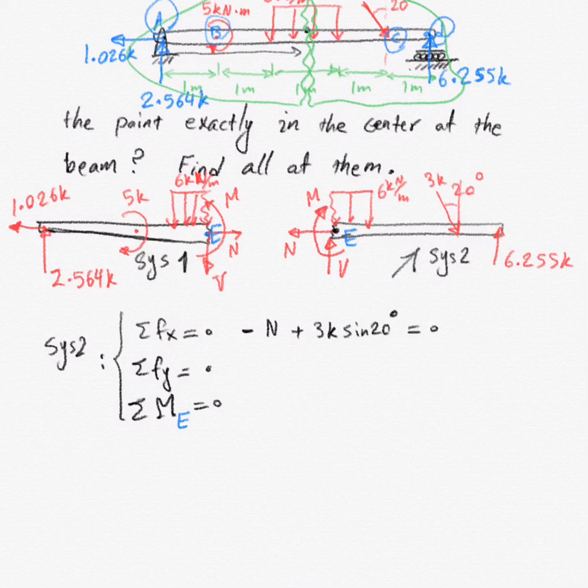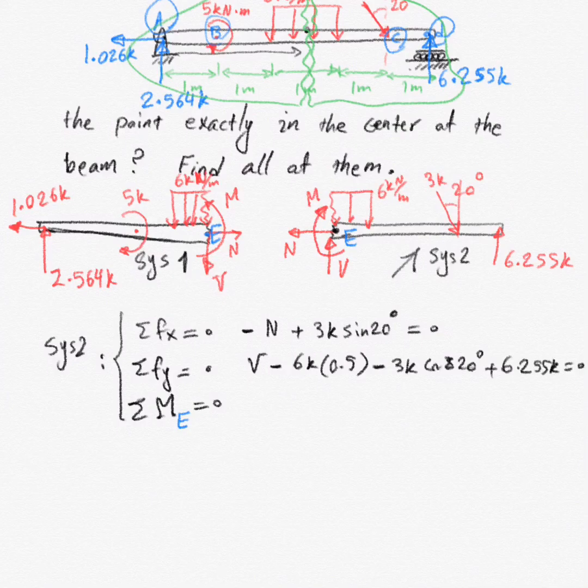The second one is going to give you plus V, and no N, no M, then you get negative 6K times the base, which is 0.5, negative 3K cosine 20, and plus finally 6.255K is equal to 0.